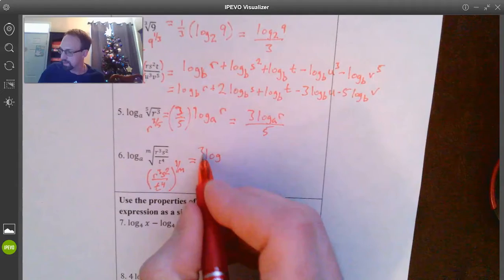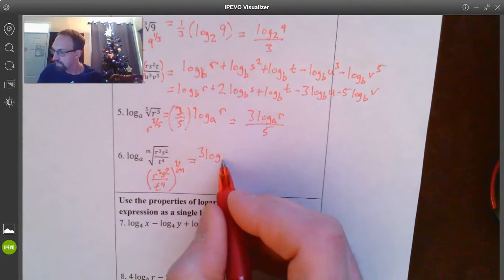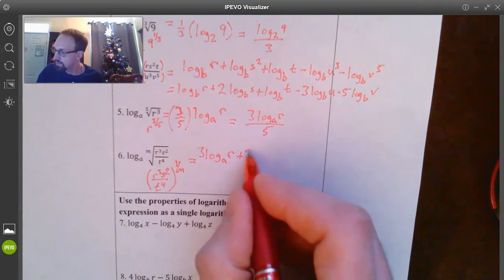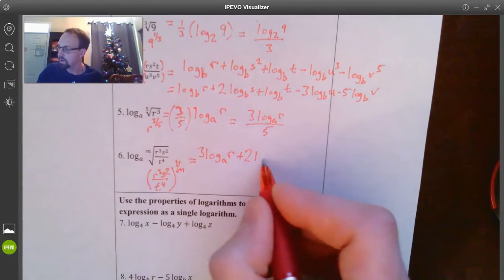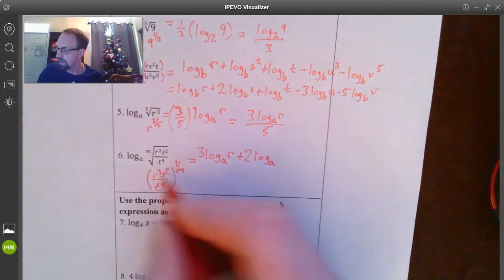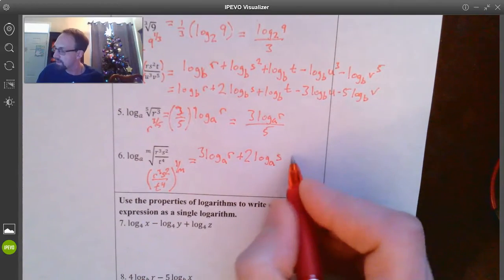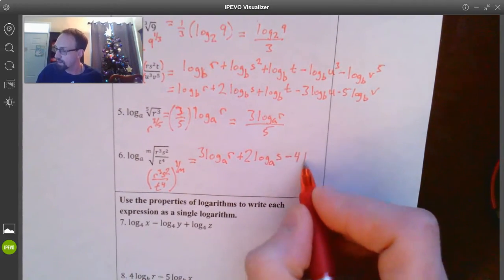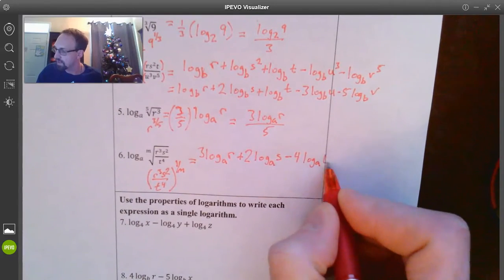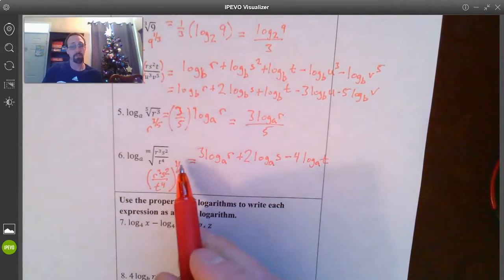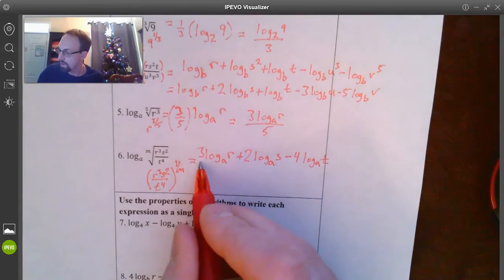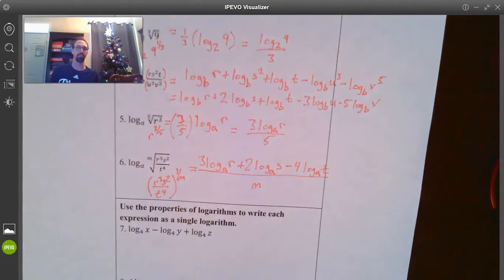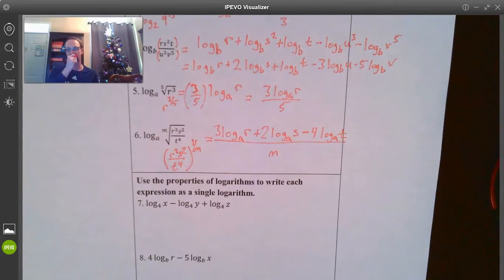So 3 times log base a of r plus 2, because of the squared, log base a of s minus 4 log base a of t. Now all of this is being multiplied by 1 over m, or I can think of all of this being divided by m.